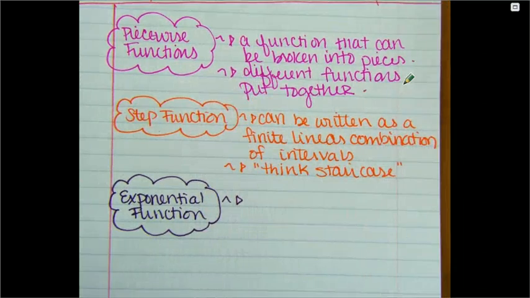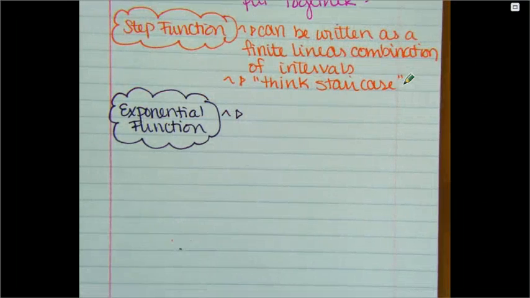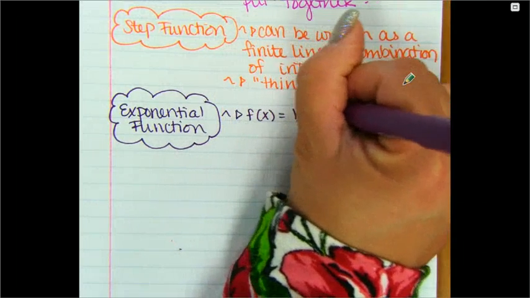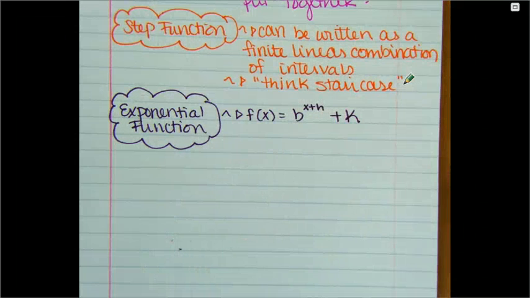An exponential function actually has a function that we're going to see. The function notation is f of x equals b to the x plus h and then plus k. Now you did exponentials in IM1, remember? The only difference though in IM1 is that you did not have all of this. You just had f of x equals b to the x plus k. Remember parent function? What's your parent function? B to the x.